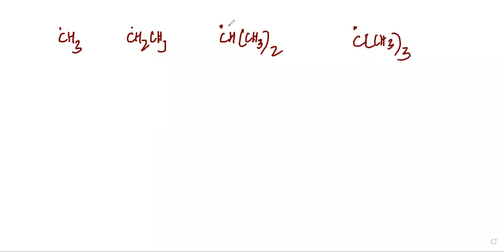Now we just need to know what is the number of alpha hydrogens present over here. Can you tell me the number of alpha hydrogens? Here, what is the number of alpha hydrogens, my dear students? 0. Here, 3, here, 6, and here, 9. So can we write now the stability order for them?